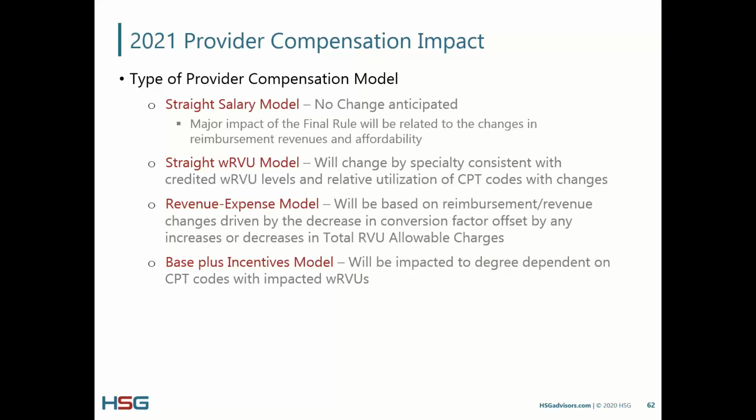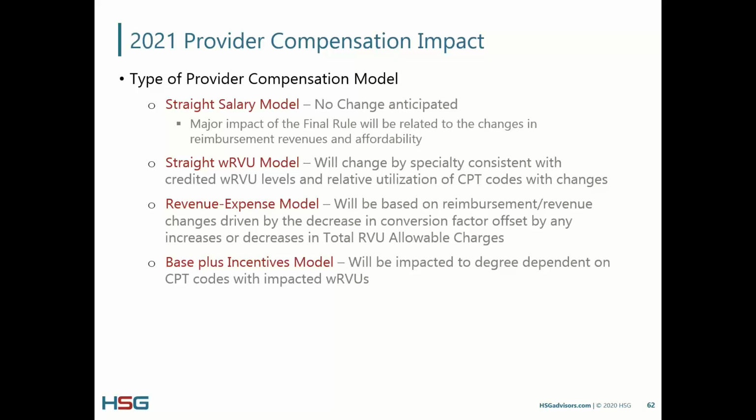I think the biggest thing is, to be successful, we can't act unilaterally. We have to involve the providers, and we have to work through to develop mutually agreeable and sustainable solutions to this.